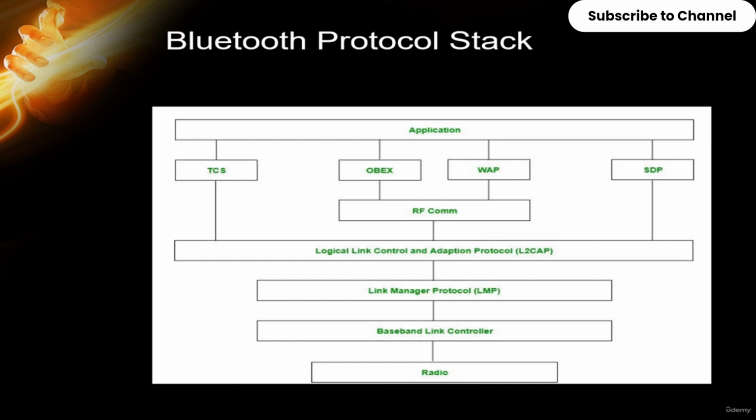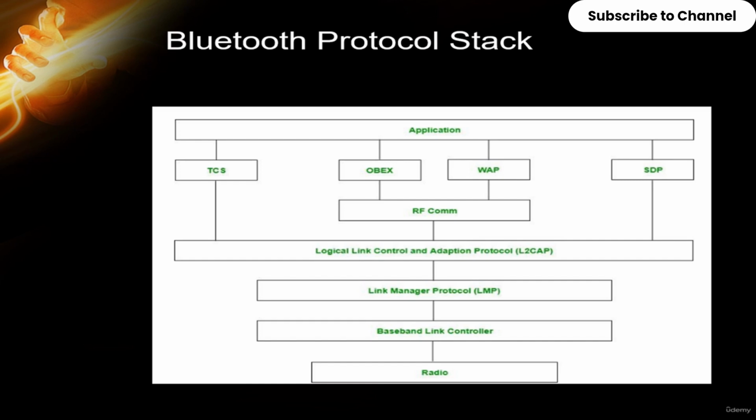The next layer is the baseband link controller. It is similar to the MAC layer in the normal OSI architecture. This baseband link controller uses the baseband for the digital part of Bluetooth systems. It handles timing, power control, packet formatting, addressing, and connection formation inside a piconet.